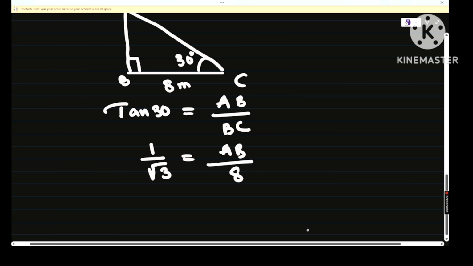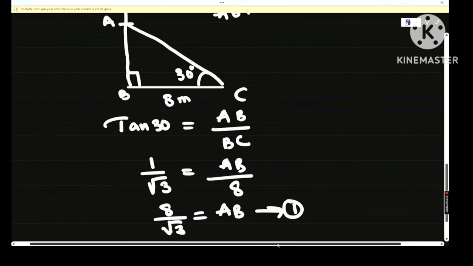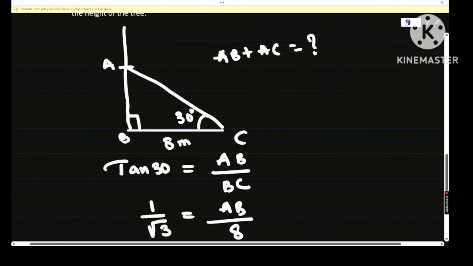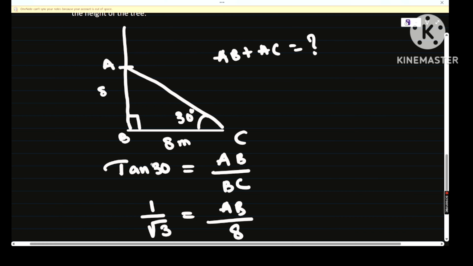Therefore, send 8 to the LHS. Therefore, 8 divided by root 3 is equal to AB. This is equation number 1. So the AB value is 8 divided by root 3.